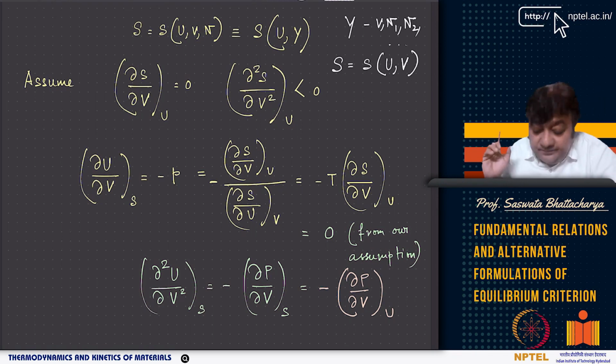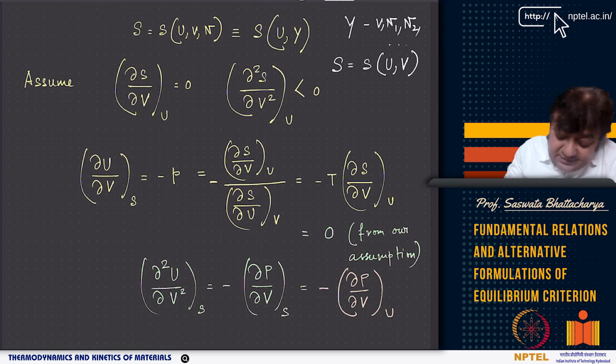So in this case, we assume the extremum condition for entropy, or maximization of entropy. The first derivative of entropy with respect to volume, where S is a function of U and V, keeping energy fixed, for a given internal energy, has to be equal to 0. This is the extremization condition.